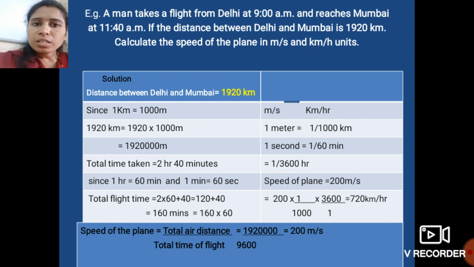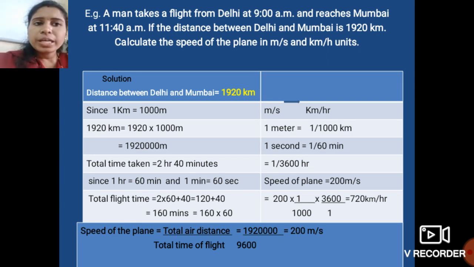See students, the distance between Delhi and Mumbai is 1920 kilometer. So how much was the speed of that plane? This we have to calculate.